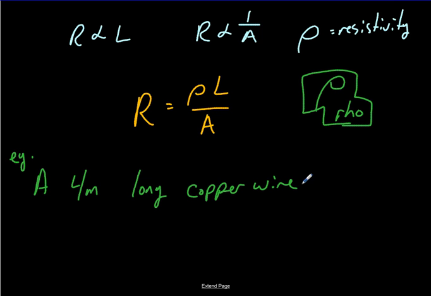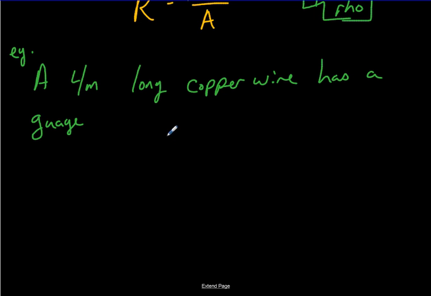Okay, anyways, a 4 meter long copper wire has a gauge. We're going to go on gauge and we're going to convert it to metric. So what gauge wire do you want to have? That's really fat wire, isn't it? That's like house wire. This is going to be low. Let's make it long then, because that's going to have such low resistance.